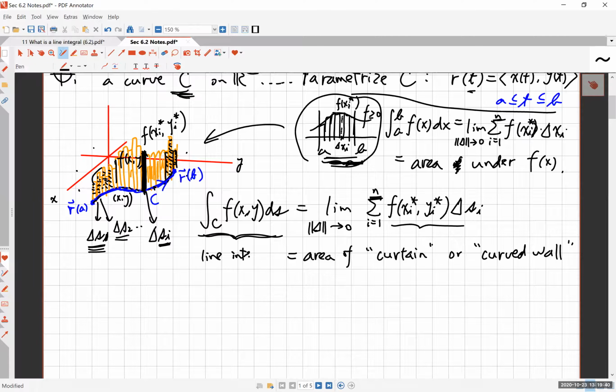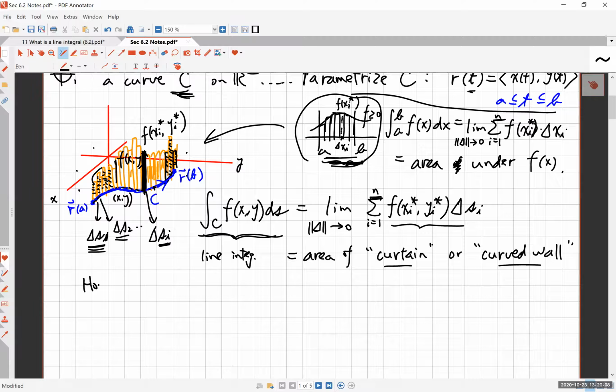Remember, an integral in general is the continuous version of addition, a continuous version of sum. And so that's exactly what we're doing. We're just adding up all these Lego pieces that you can find along the points on C. And of course, if you can do that, it is the area of the curtain or the curved wall. So I hope the interpretation is clear.